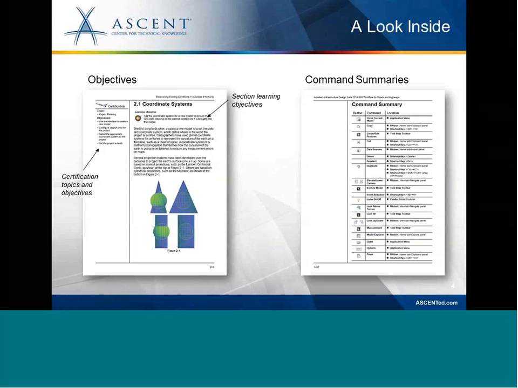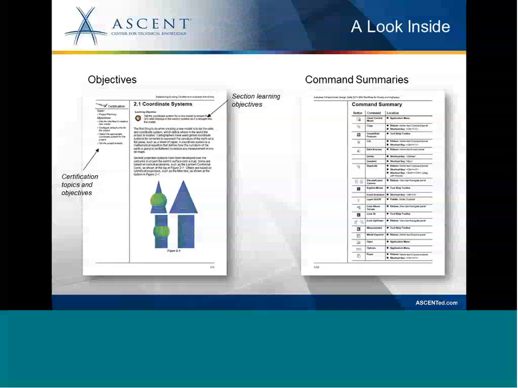Before I do that, I want to just show you a little bit about what's inside the book. Of course, this book does have our typical ASCENT workflow or layout, where we have the learning objectives to help you understand what you'll be learning in each section. But in addition to that, this course is written to help you pass the Autodesk certification exams for the road and highway workflow. And so I've listed in the margin there the certification objectives as well.